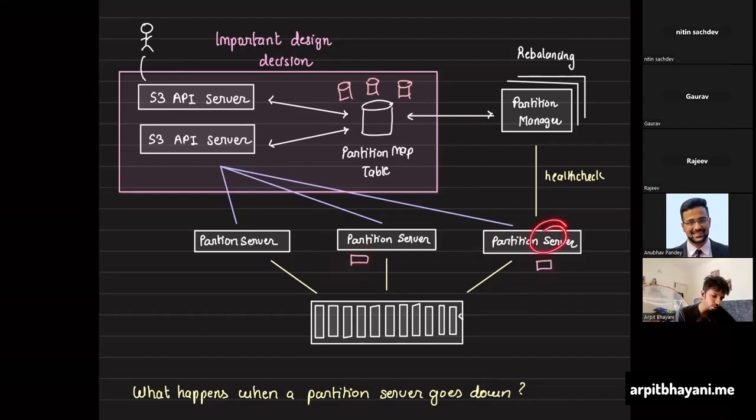One partition server can own multiple partitions, which means any read request for a particular partition always goes to that partition server. Because it owns those partitions, it knows how to read them from the disk, reads it and serves it back. And if this partition server goes down, we move the partition to another server. So this is just logical ownership of a partition. Physically, data is stored over here.